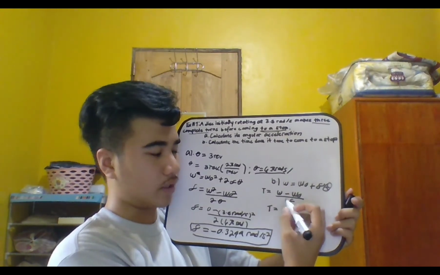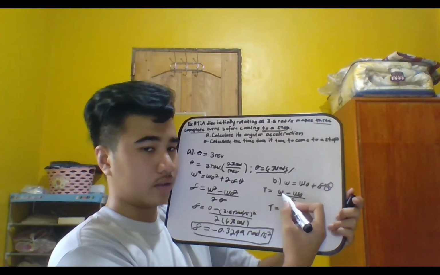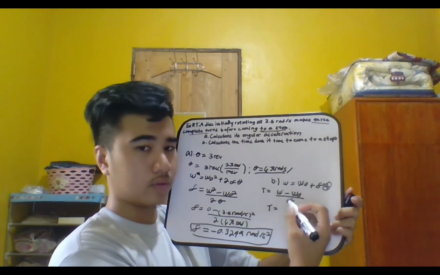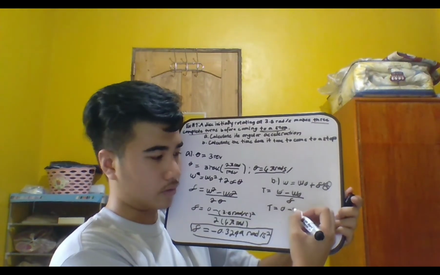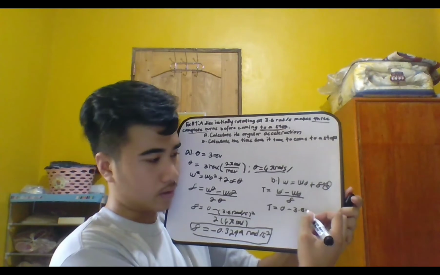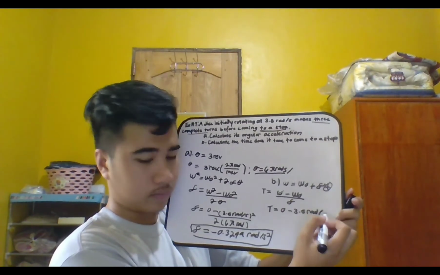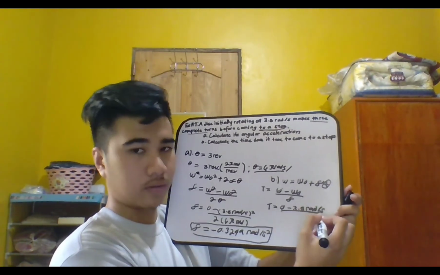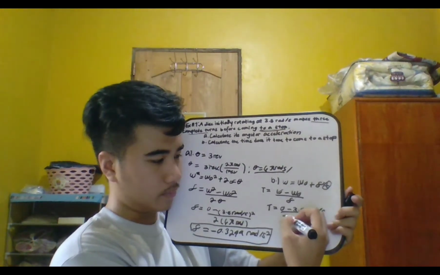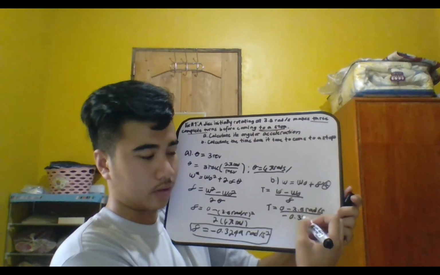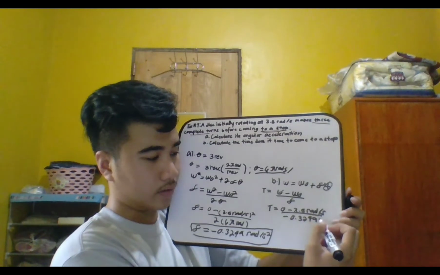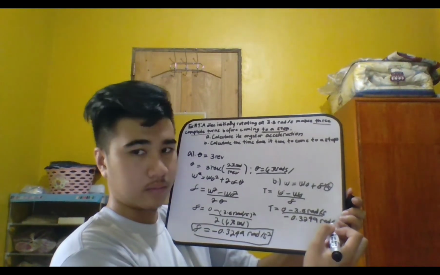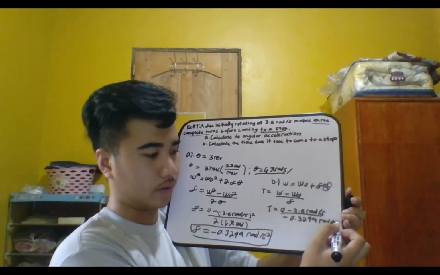t is equal to again 0 na to. So 0 minus 3.5 radian per second over negative 0.3249 radians per second squared.